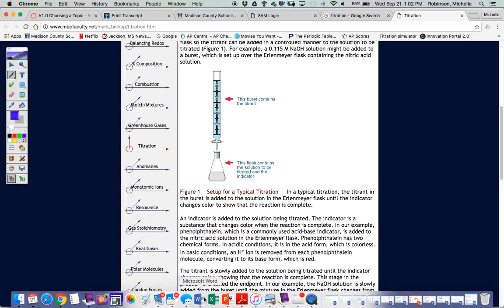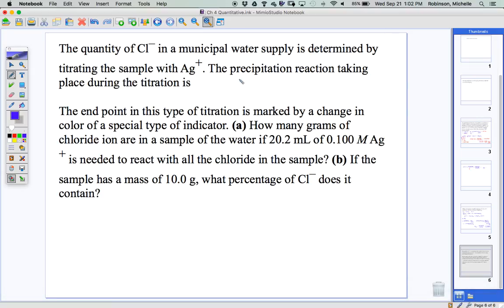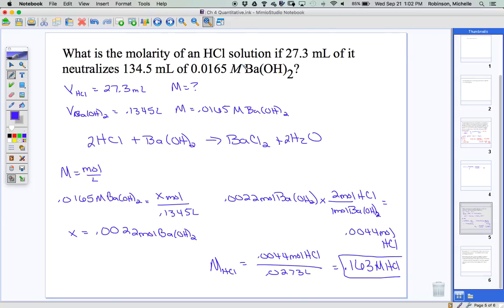Like if we did, go back to the last one. If you knew that the HCl was in the flask underneath, and you put in 27.3 milliliters of some unknown concentration of acid into that flask, and in the burette you had BaOH2, you knew the concentration of it, and you dripped until it turned pink, and when you did, you dispensed 134.5 milliliters of the BaOH2.